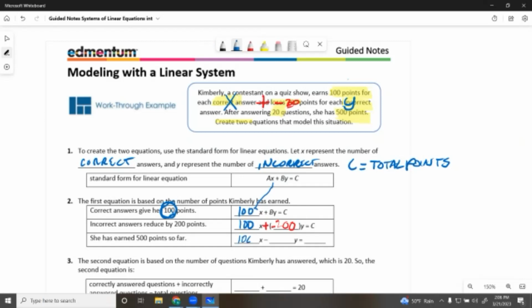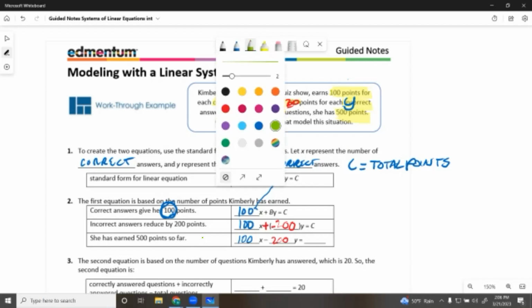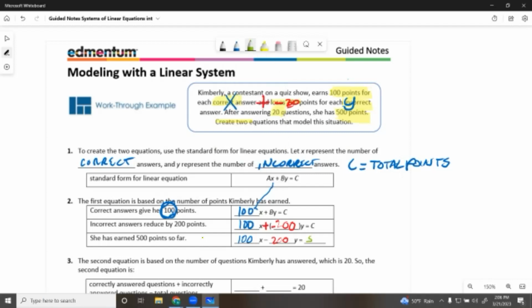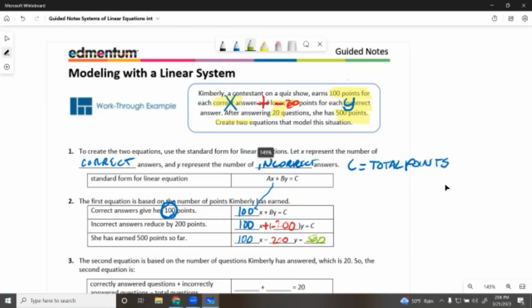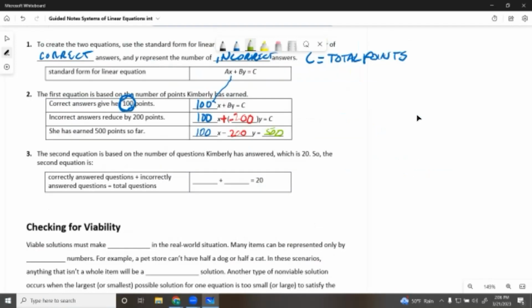So 100x minus 200y equals, and then we know that it equals 500. Okay, so that's how we figure that out.